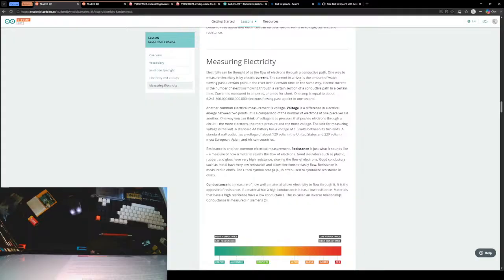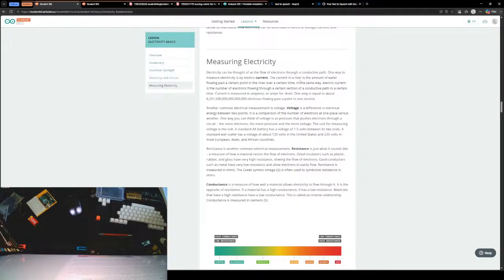In the same way, electric current is the number of electrons flowing through a certain section of a conductive path in a certain time. Current is measured in amperes, or amps for short. 1 amp is equal to about 6,241,500,000,000,000 electrons flowing past a point in 1 second.